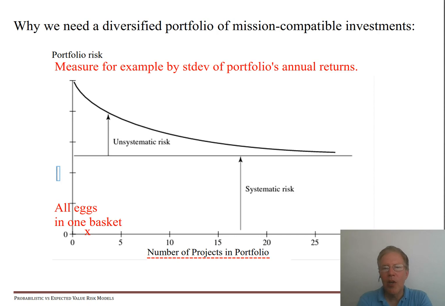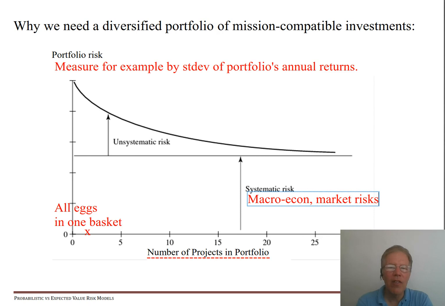So as we go out to about 30 projects, and I'm just going to type 30 again here, the risk that we have is moving down asymptotically to some constant, okay? And the constant we call systematic risk, and this is going to be something like macro econ market type risks, okay?